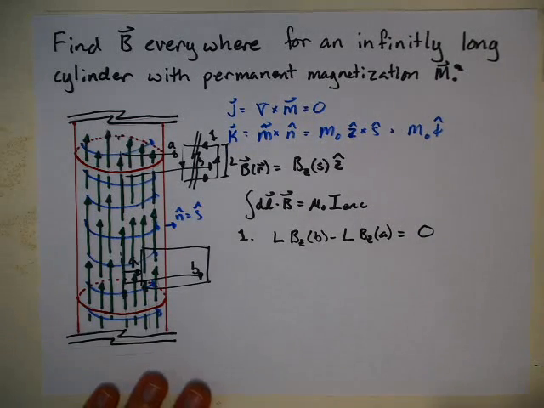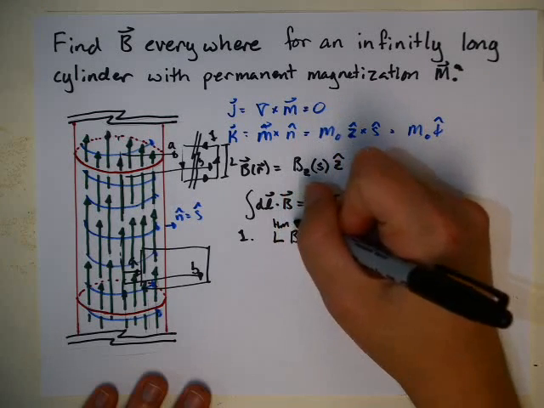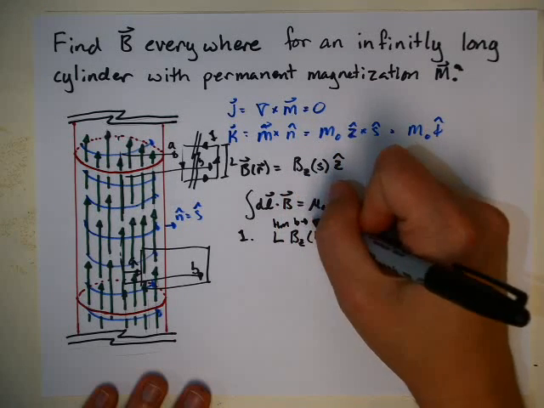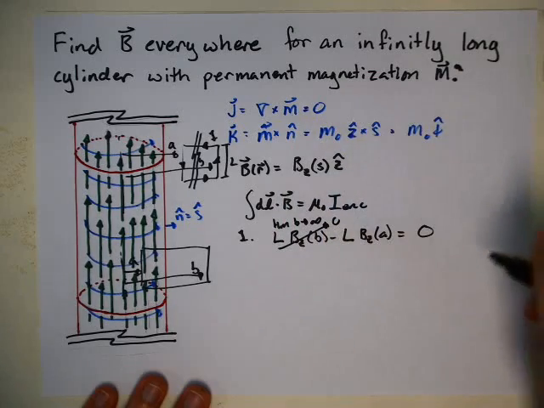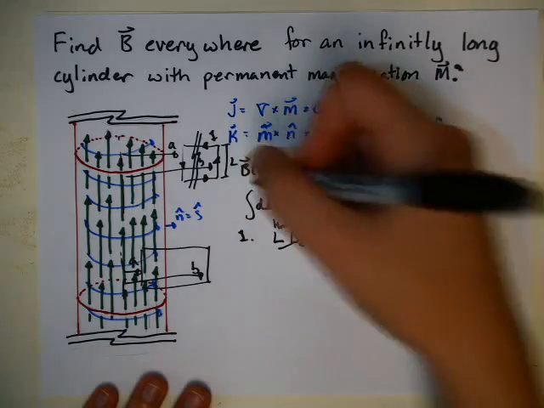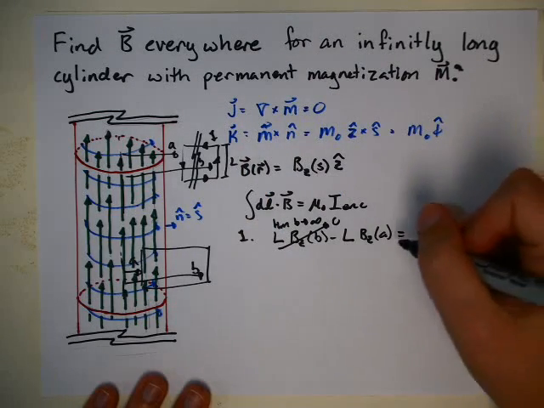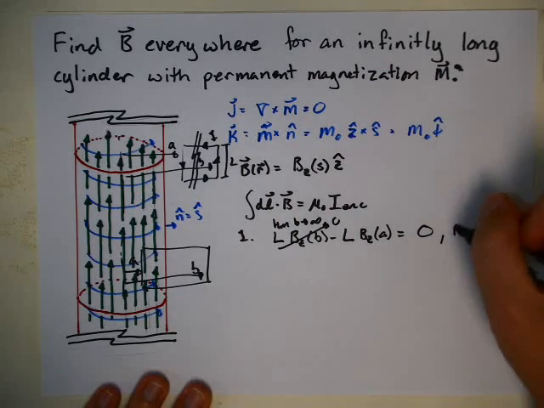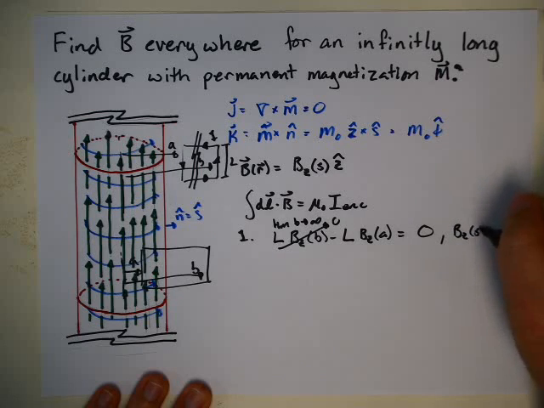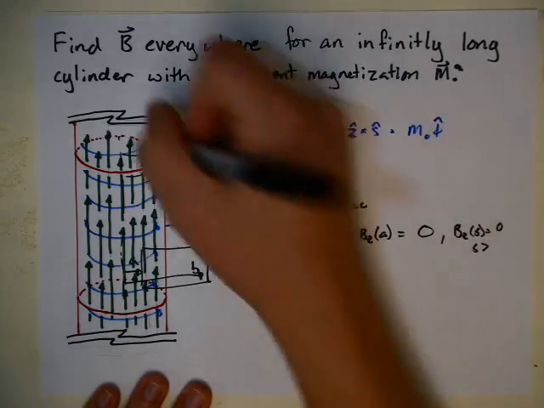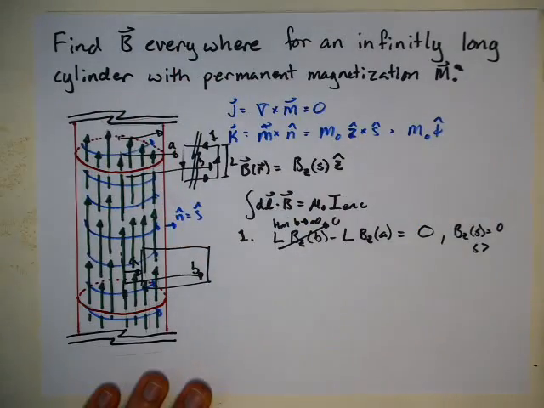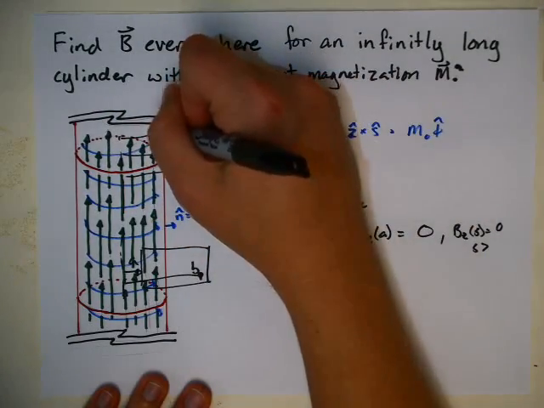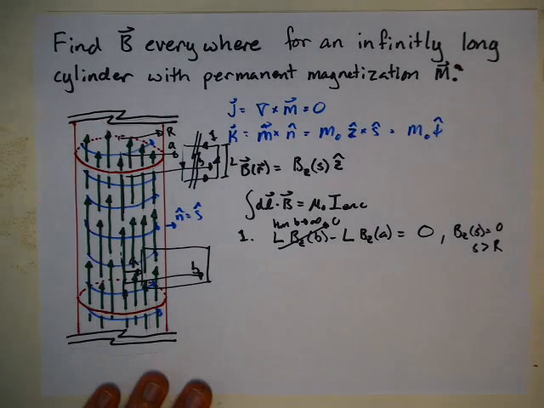Now, the statement that we're going to make is we believe that in the limit as b goes to infinity this term here must go to 0. But this is true no matter where we put a, so this means that Bz at a must also equal 0. And so we have Bz at s must equal 0 for s greater than the radius of our object, let's call it R.